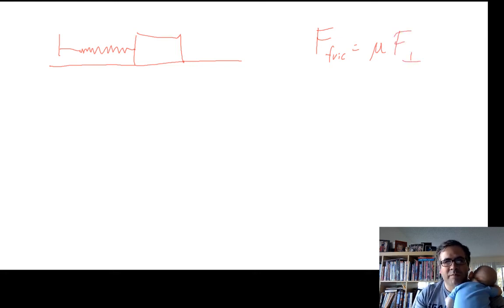So if we're moving, make sure this is kinetic. And then work is of course always the dot product of the force times the displacement. Luckily, this is pretty easily figured out.